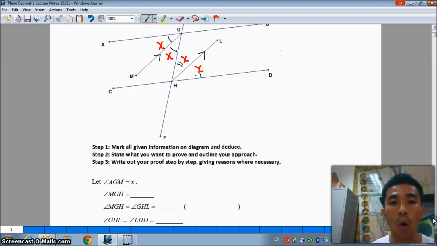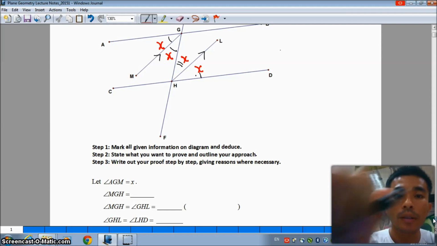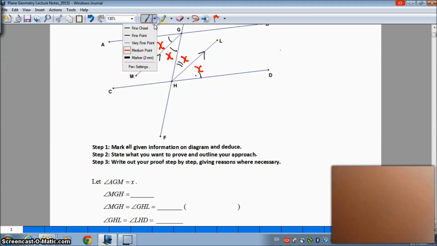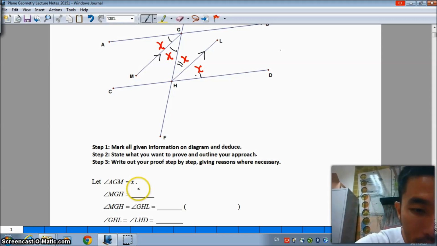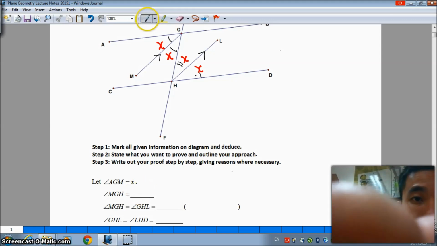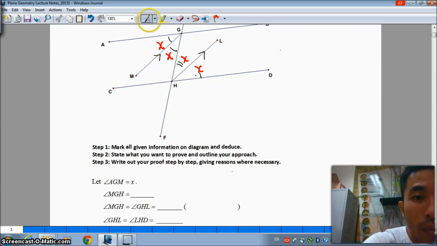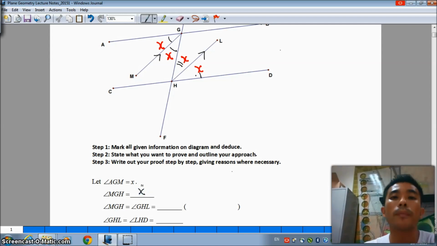Okay, with reference to your own diagram, you can see that AGM is equal to angle X. Similarly, MGH must also be equal to X. Okay, because of the bisector itself.